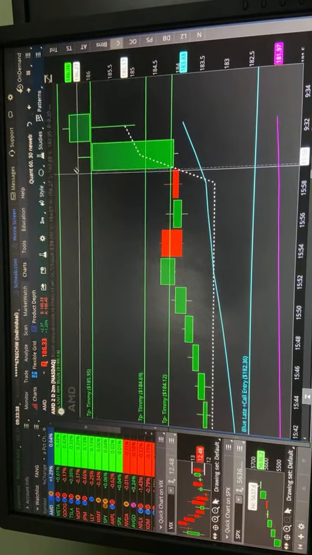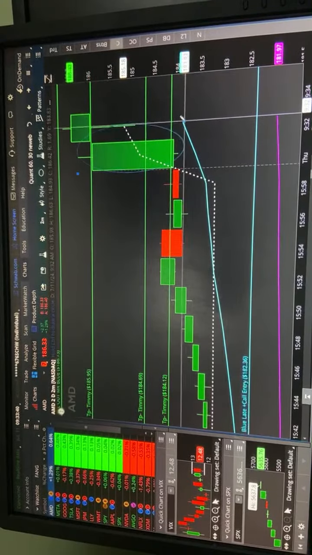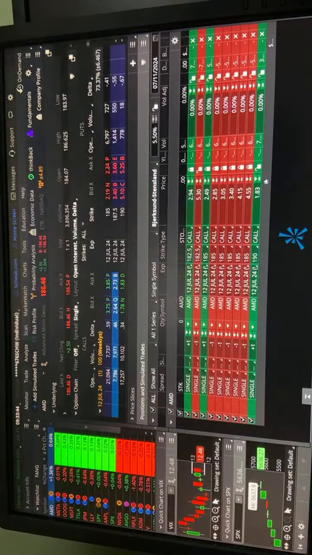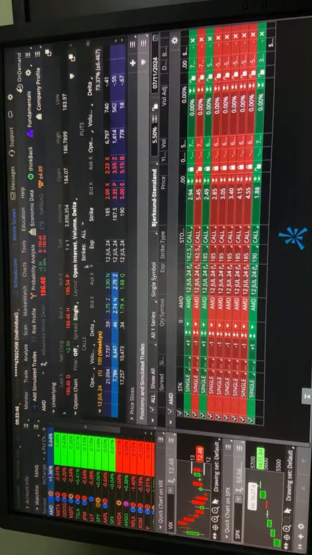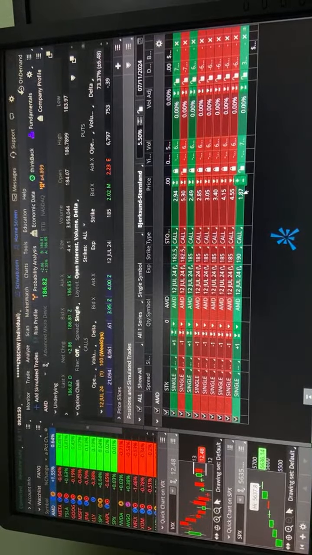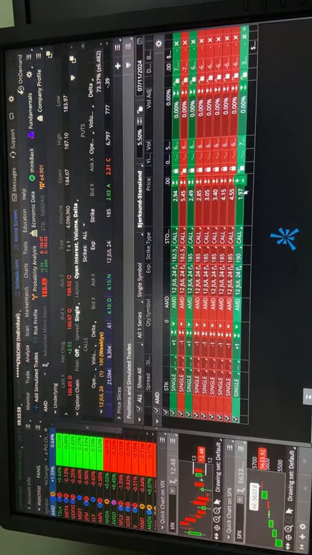All right, so I'll pull the trigger on it because this is the only one that really sticks out. Meta seems okay too. But if I pick up the 190 strike call here at the bottom, this wouldn't be too bad. July 12th expiration. Those are already printing pretty well, so I'm spending too much time.